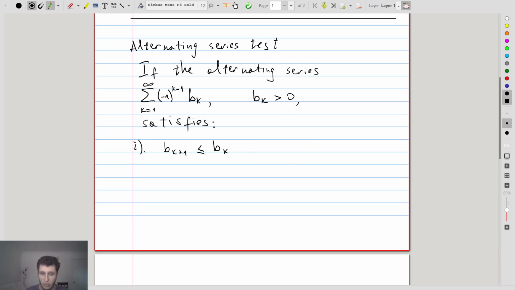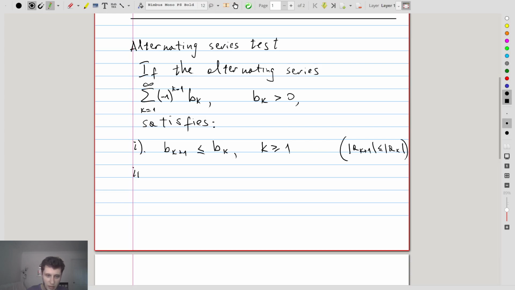First of all, this must be true for all k's starting from k equals 1, or starting from some point. Just as before, if this inequality holds not from k equals 1, but from k equals 20, this is still fine. And so basically this is the same as to say that the absolute value of a_(k+1) is less than or equal to the absolute value of a_k, if you think of a_k as the kth term including this sign. So it's sometimes useful to think of it this way.